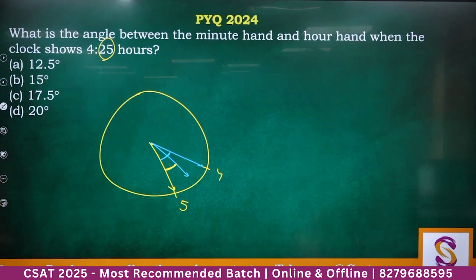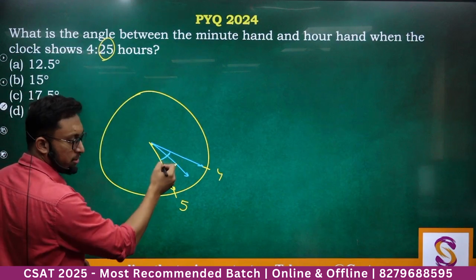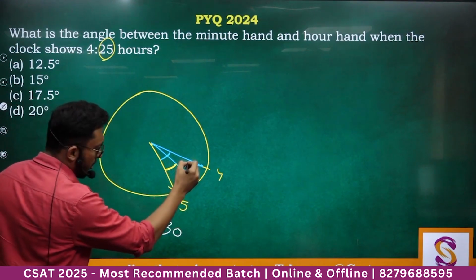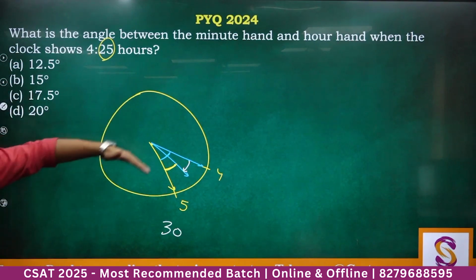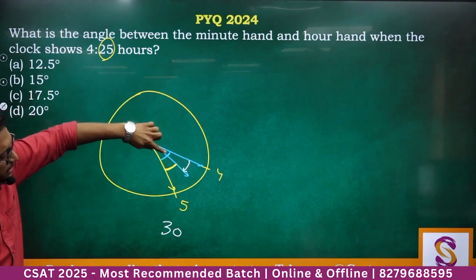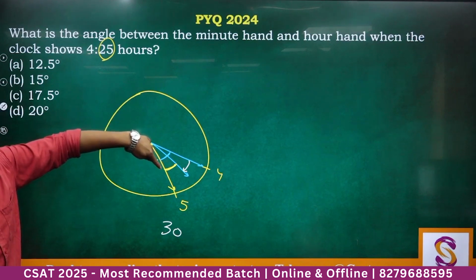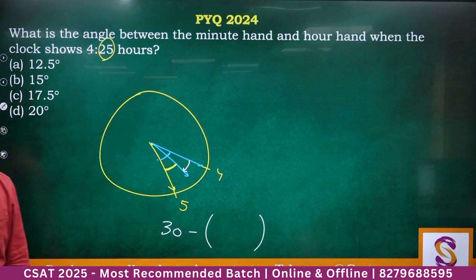Okay, how will I do it? Total angle that I am taking as reference is 30 degrees. Of the 30 degrees, the hour hand has rotated by this much amount, and when the hour hand is rotating, it is decreasing this blue angle. So 30 degrees minus this white angle will be my answer. How much is this?